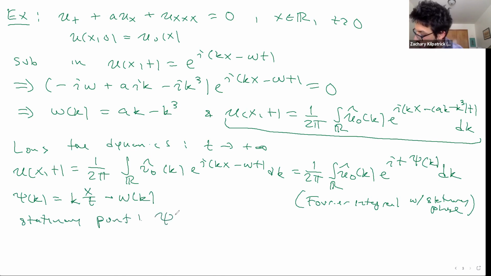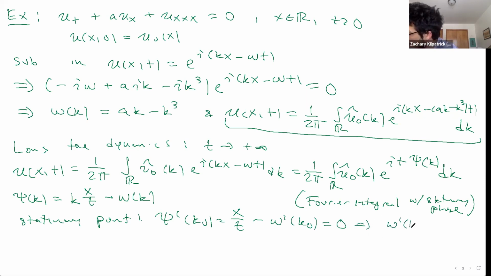In particular, psi prime of k0 is equal to x over t minus omega prime of k0, where that equals 0. So that occurs where omega prime of k0 is equal to x over t. In other words, k0 is equal to omega prime's inverse evaluated at x over t.